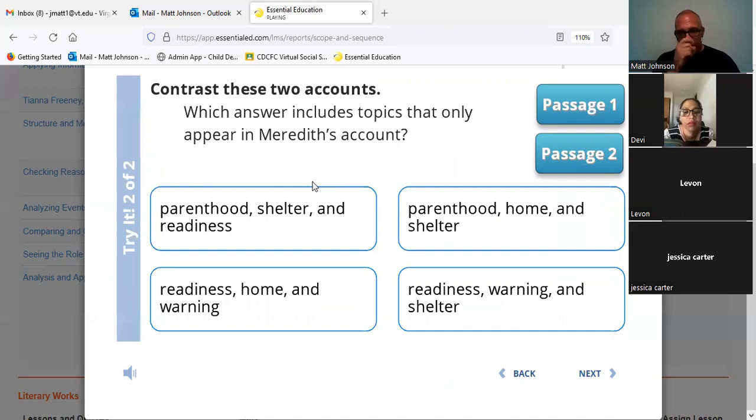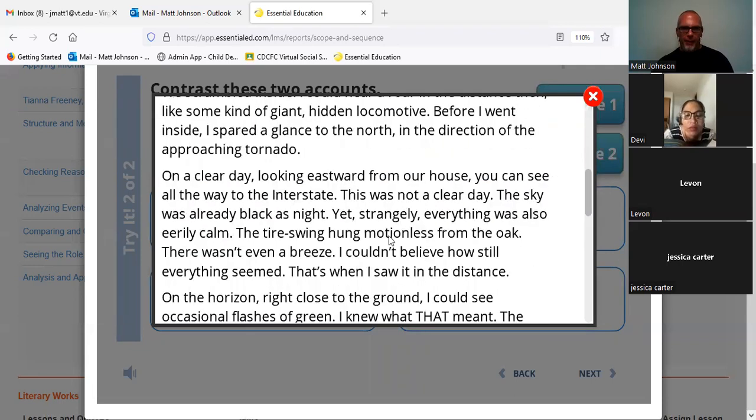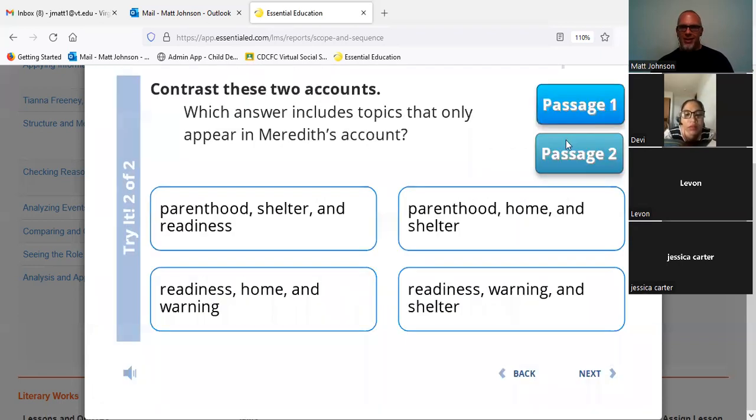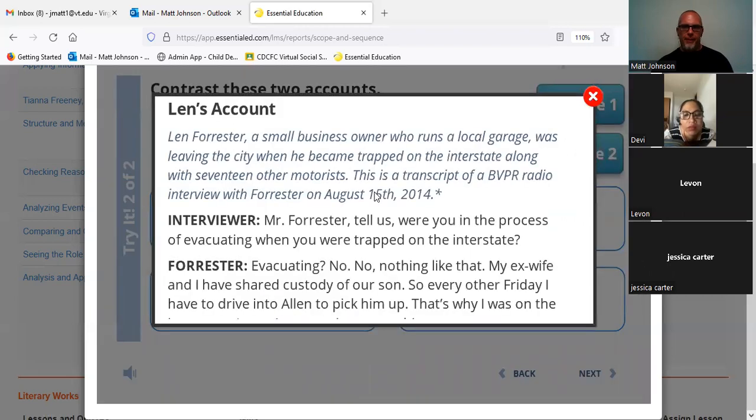Contrast these two accounts. Try making a Venn diagram on some scratch paper. Okay, so first, this is Meredith's account again, the one we just looked at about the tornado. So the second one, take a look at.